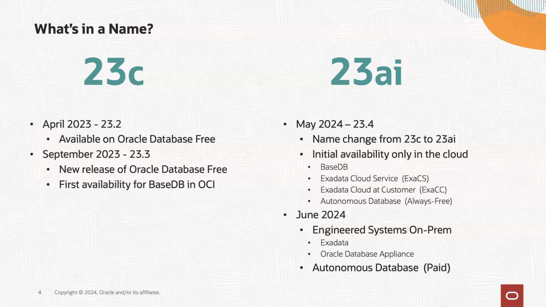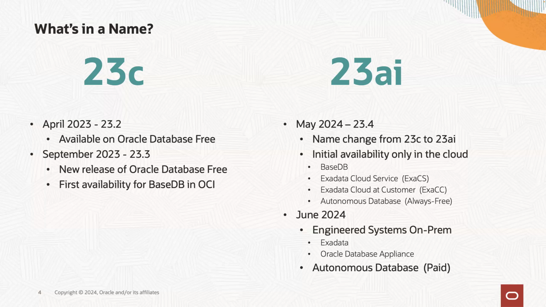We had to ensure that this would be available in our next long-term supported release, and thus the decision was made to slow down the release of 23 to include AI capabilities. And the decision was also made at that point that we would rename 23 to be 23AI. And at that point, in October of last year, we introduced the base DB, the Exadata Cloud Service, and Cloud at Customer. And in January of this year, we included support for Autonomous Database Always Free.